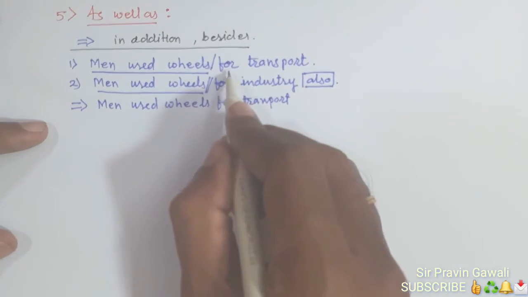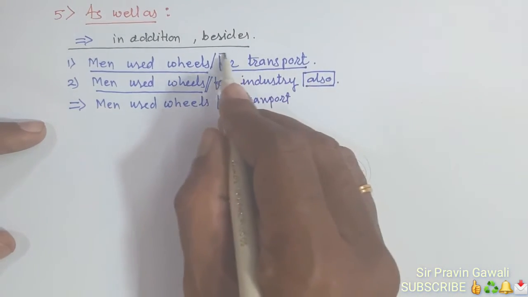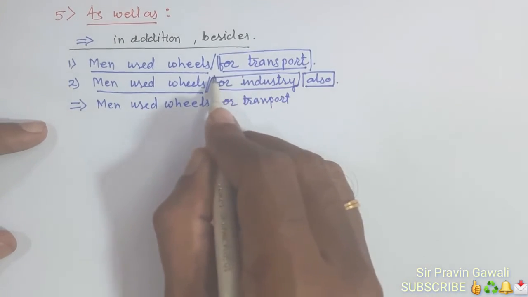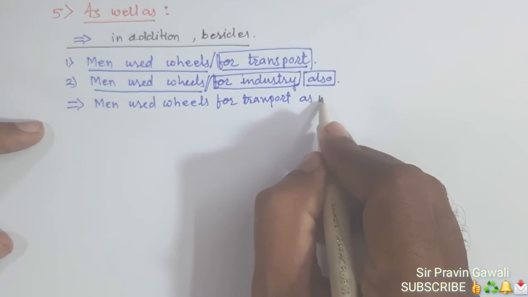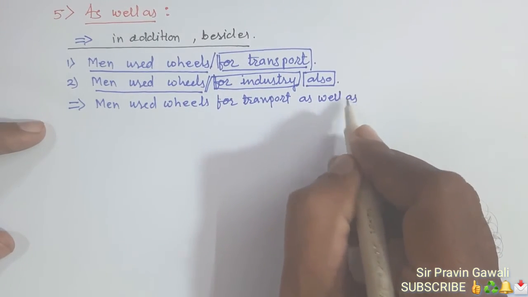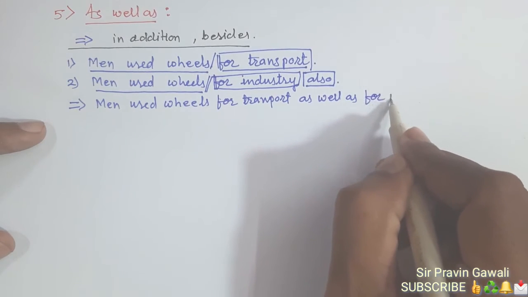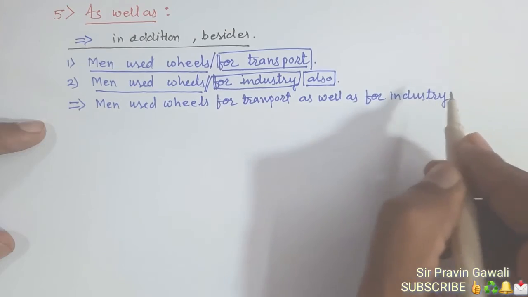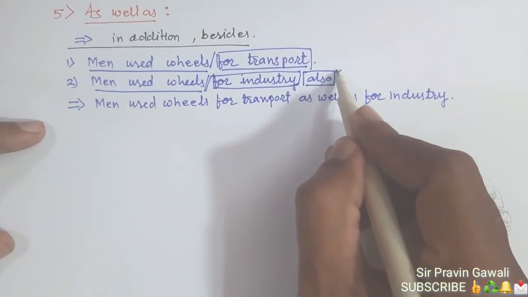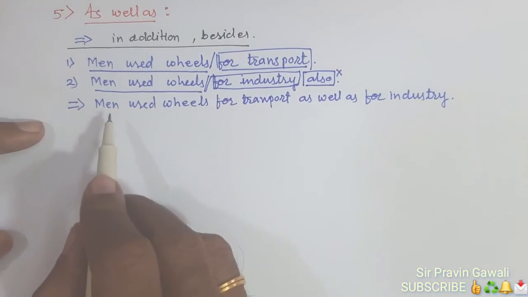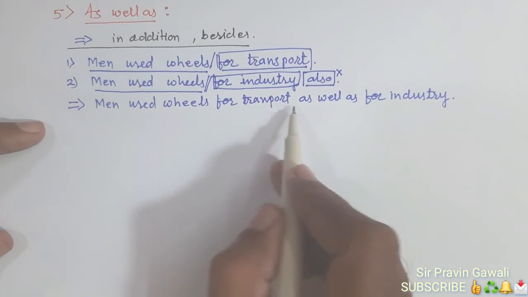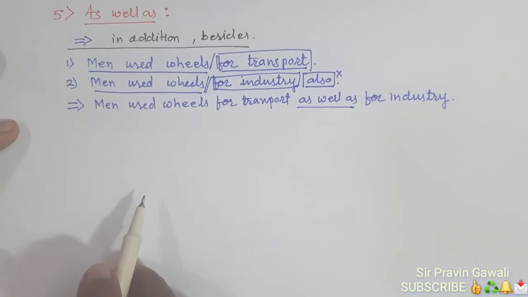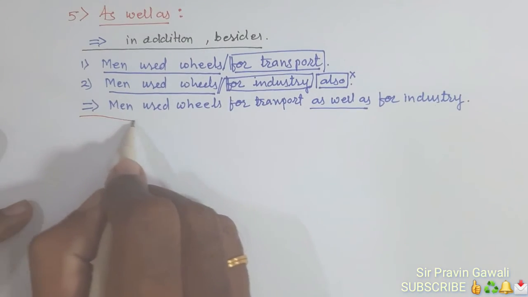Now, in between these two different parts, we will use as well as, for industry. Okay, as I have told you, we need to omit also. So the sentence will be: men used wheels for transport as well as for industry. Okay, students, have understood? Students, let's have one more example.